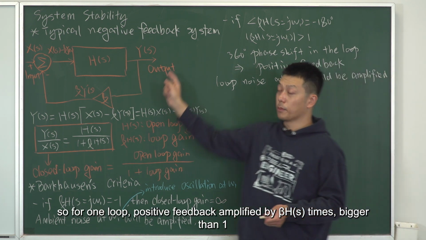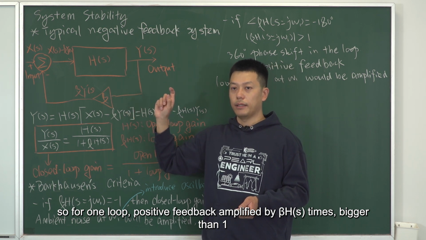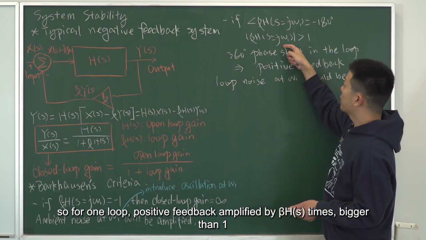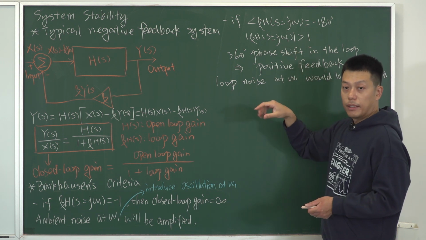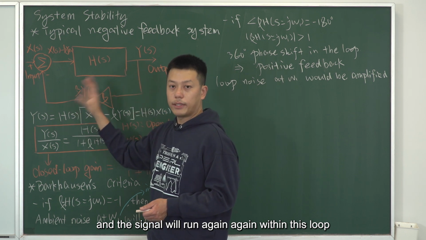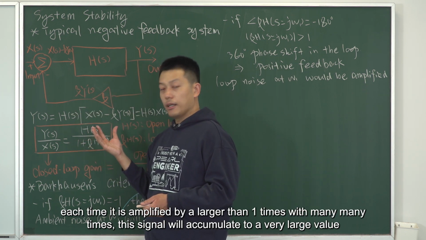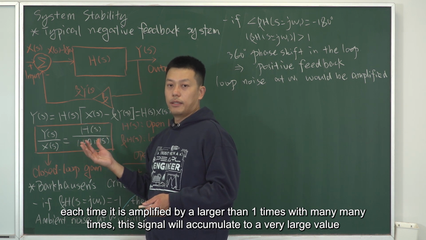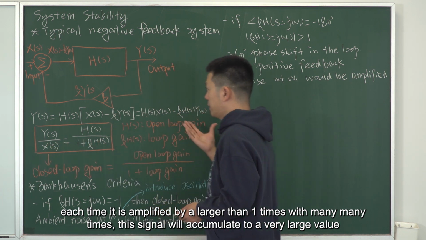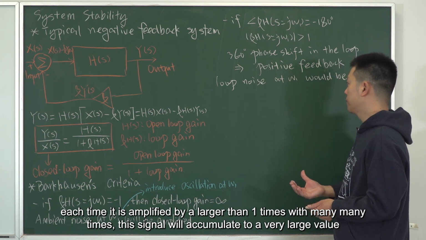So for one loop, positive feedback amplified by beta H times bigger than 1. And again, the signal will run again and again within this loop. Each time it is amplified by a larger than 1 times.